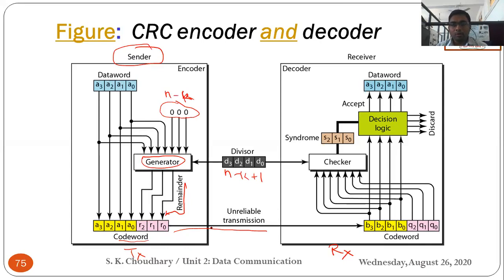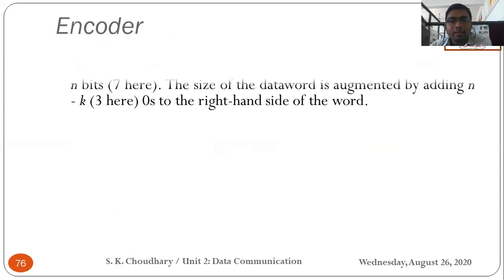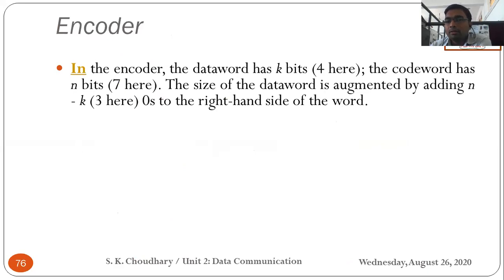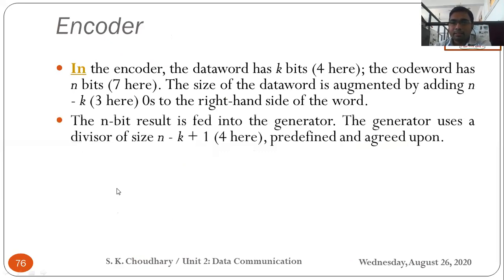Okay, now we have to come to the receiver end, but before discussing the receiver, we have to see what we have done. You can take a snapshot or screenshot of this particular encoder and decoder. In the encoder, the data word has 4 bits, or k bits, and the code word has n bits, 7 here.